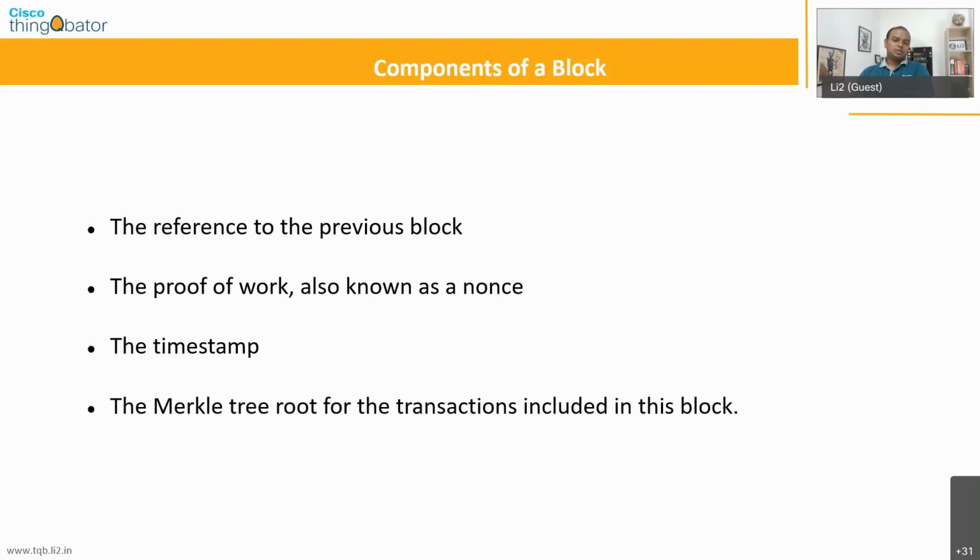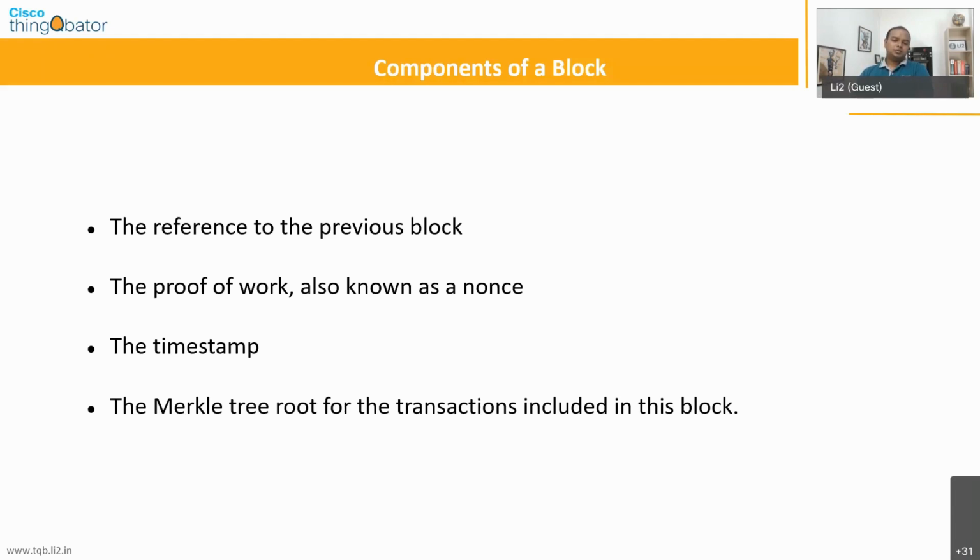So now one block consists of a reference to the previous block. It consists of a value or a number called nonce. This number helps in creating the hash of the block. We'll discuss that in the simulation in a while. And then it also has a timestamp. Timestamp tells when this block was created.